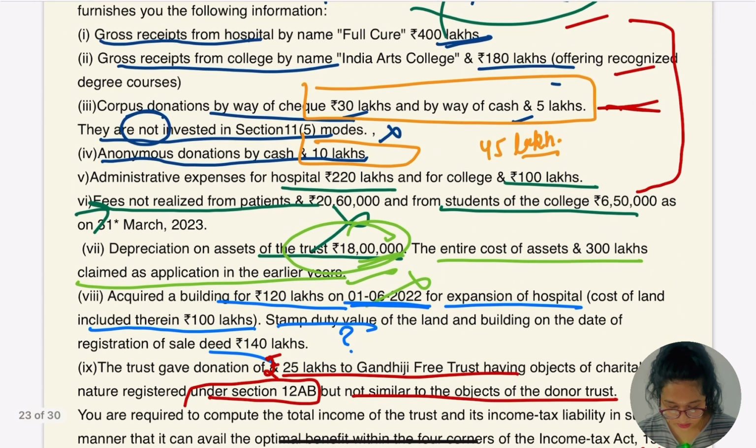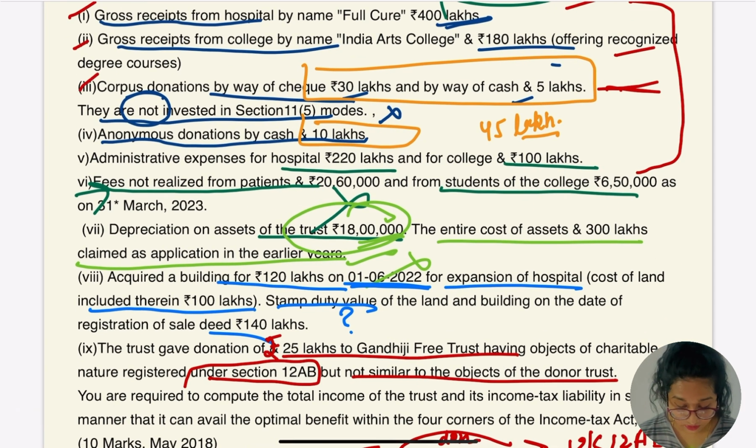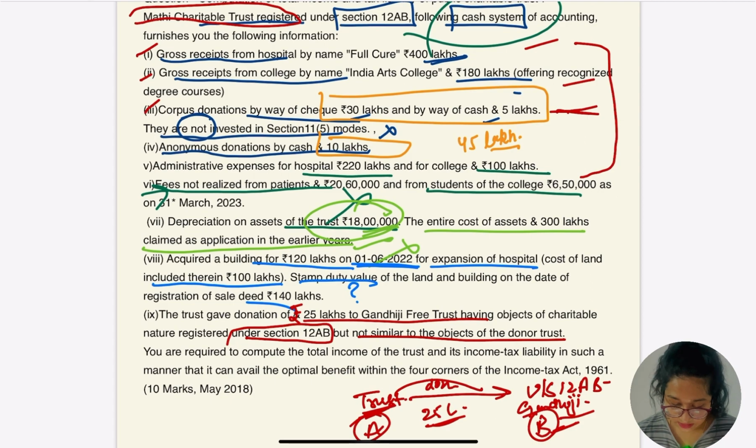We know about the gross receipt. We are going to take the gross receipt from the hospital, college and corpus donation. There is no confusion, right? We are going to take the whole corpus donation because it's not invested as per section 11(5), in the specified mode which is written in section 11(5). So up to this everything is clear.